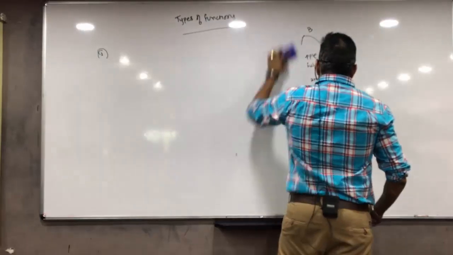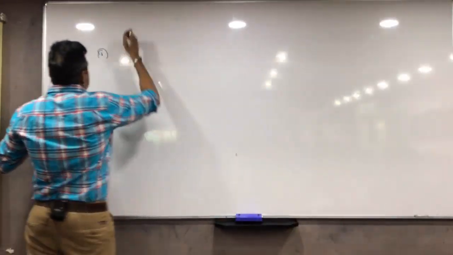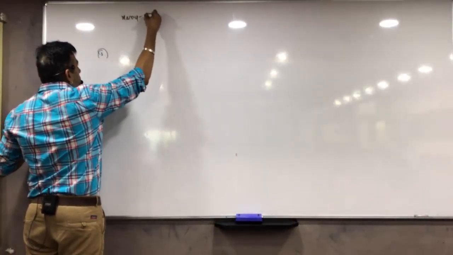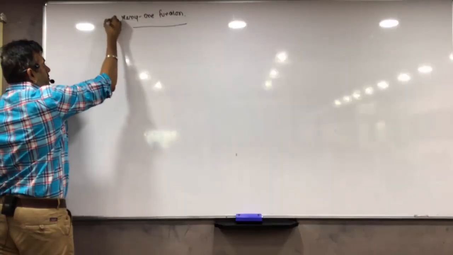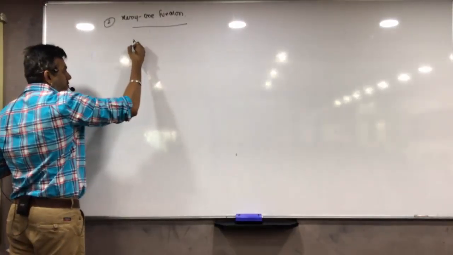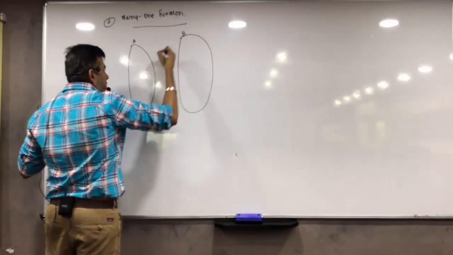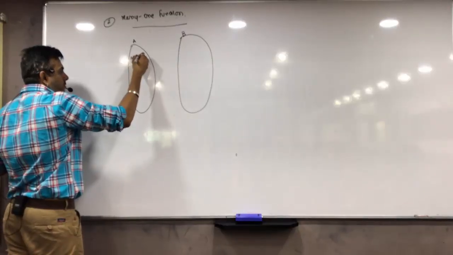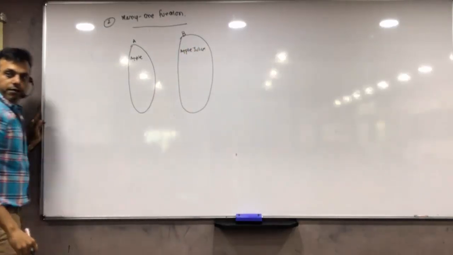Many-one function. Write down. This is A and this is B. We start with apple. We have apple juice. Okay.